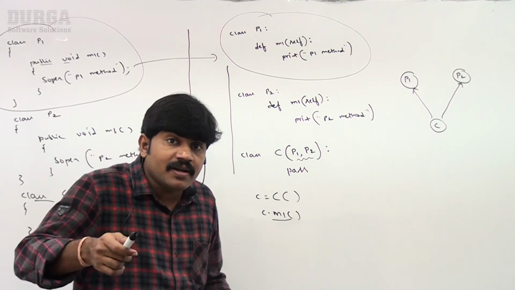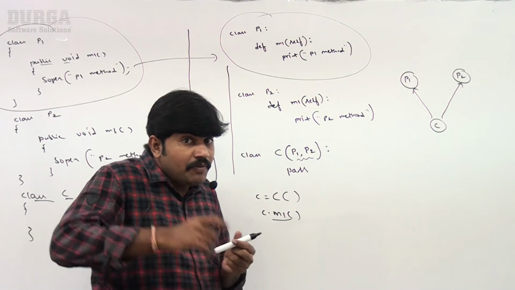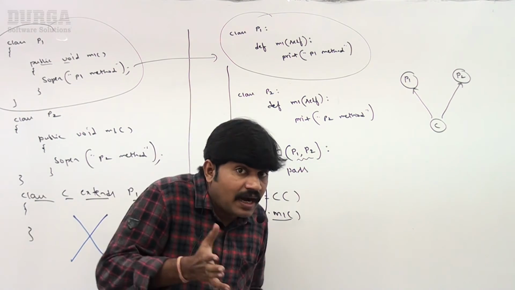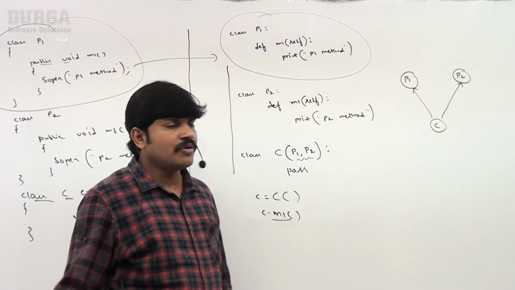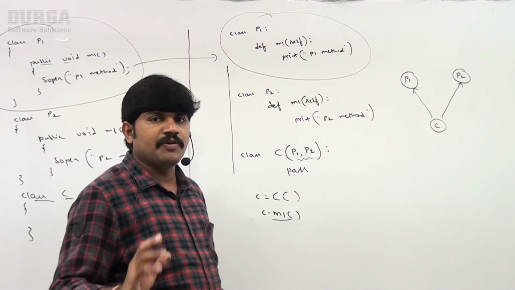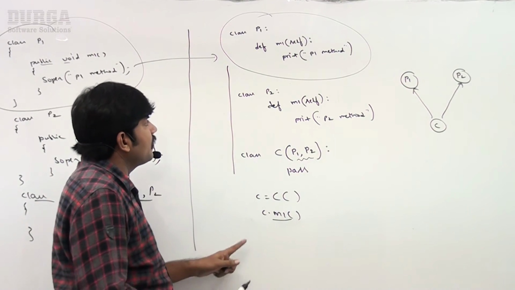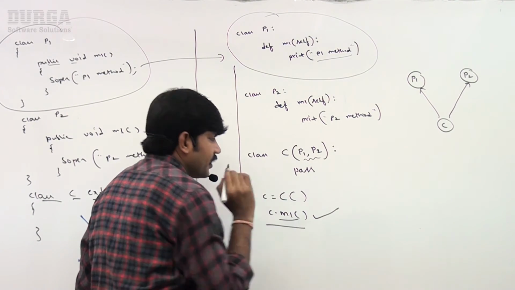If P1 doesn't contain that method, then only P2. So in whichever order we declared the parent classes, based on that the corresponding method will come. P1 already contains it, so it never searches P2. Directly the P1 method will come. This is the answer we get by default.